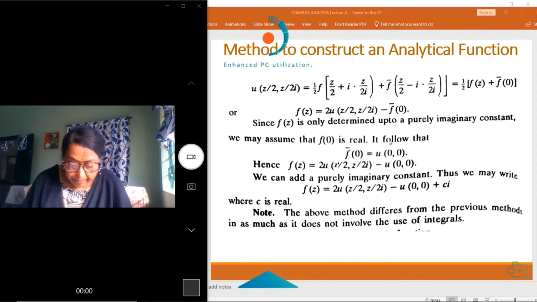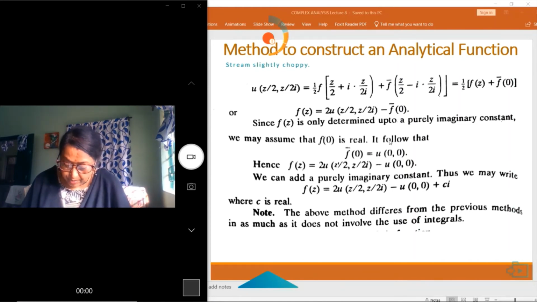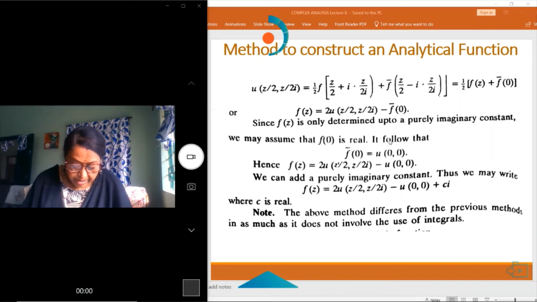Since f(z) is determined only up to a purely imaginary constant, we may assume that f(0) is real, which follows that f̄(0) = u(0,0).